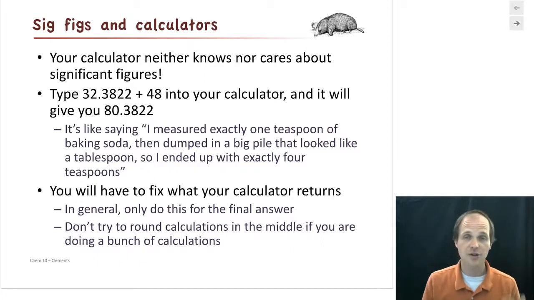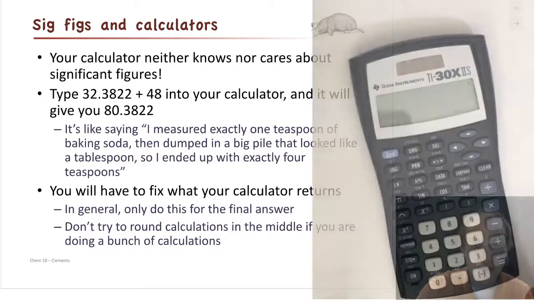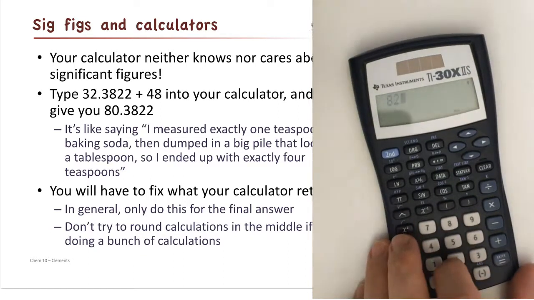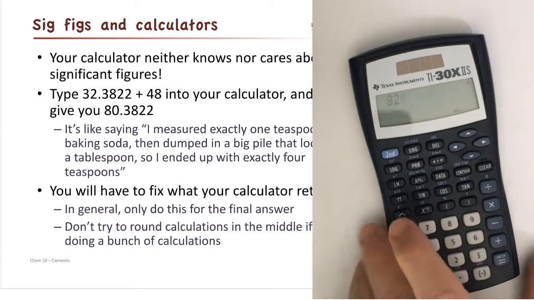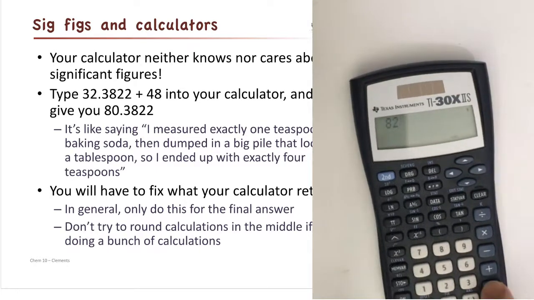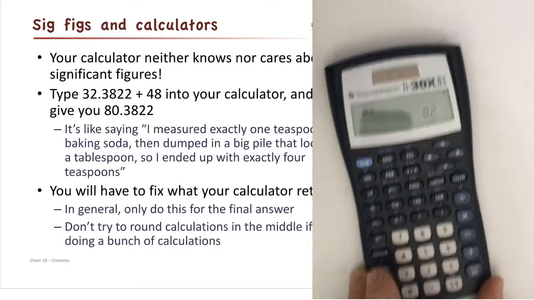Now, your calculator doesn't care about significant figures. If you type in your calculator the number 82 and hit enter, it's going to tell you, okay, that's 82, great.